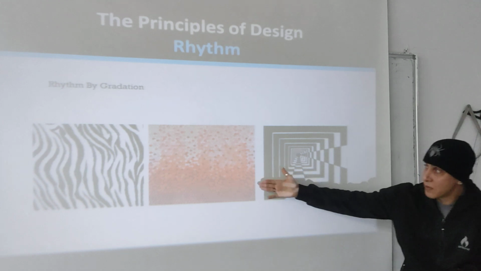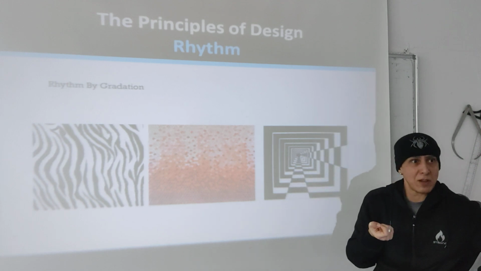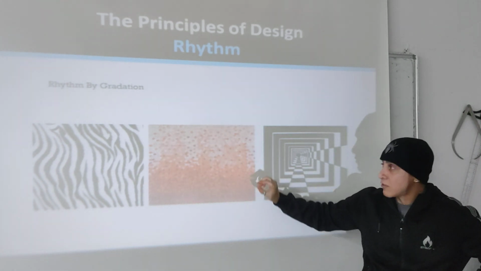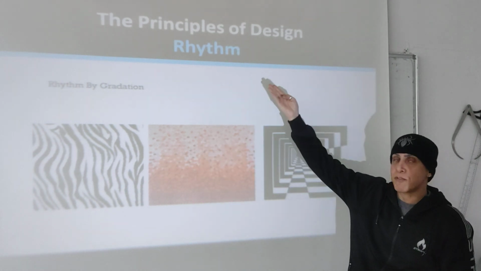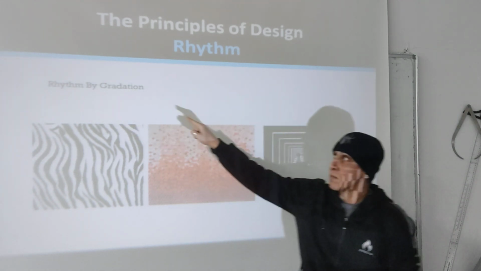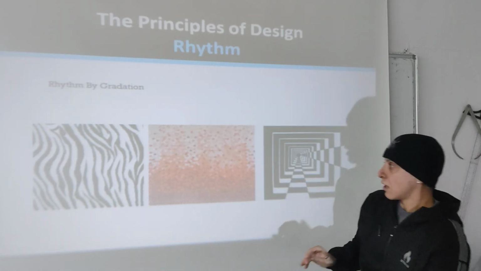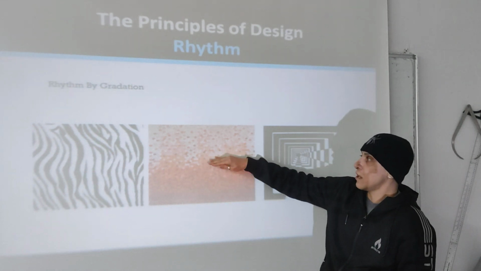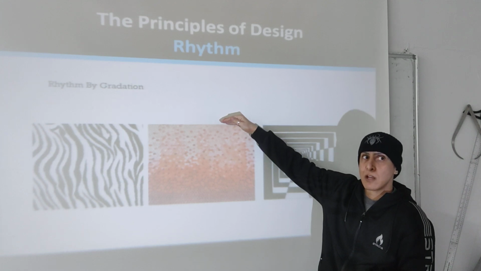Here we have these small hexagon shapes, the same size all over. They're the same size, repeat, repeat, repeat. So we have repetition, that means we have rhythm. But we also have gradation. We have rhythm by gradation, because look at them from the distance. It looks like here it's very heavy, a lot of shapes, and here they spread out, become less shapes.